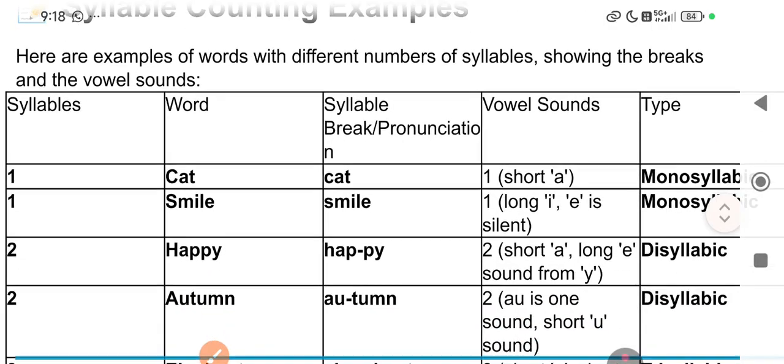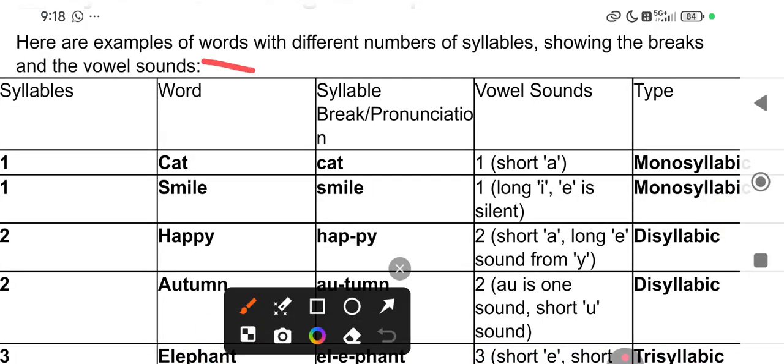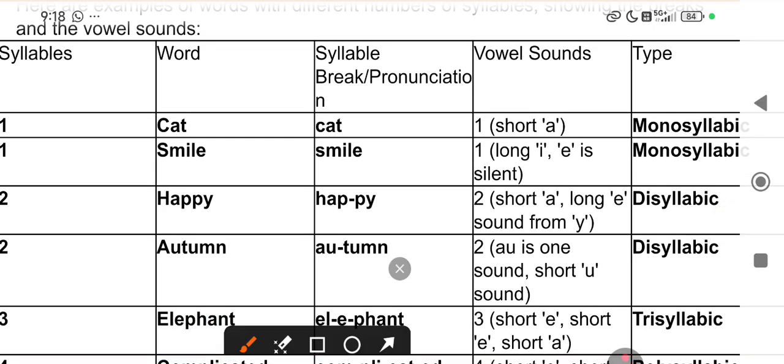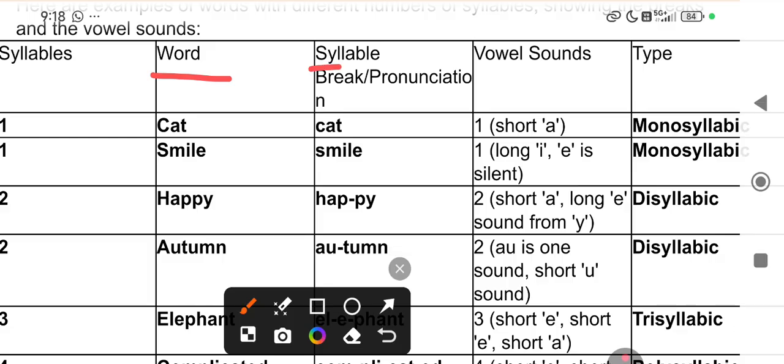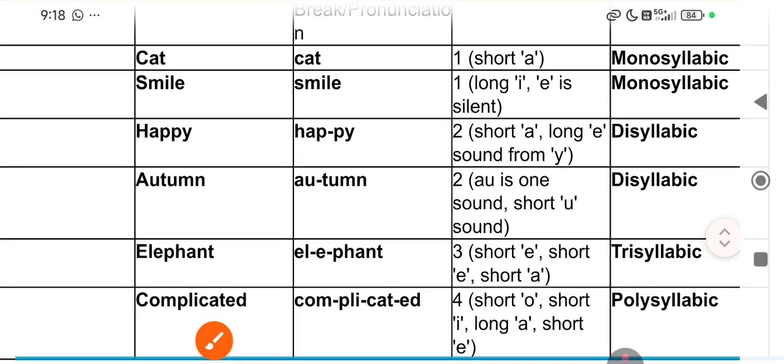Now, here are some examples of words with different numbers of syllables, showing the syllable breaks and the vowel sounds. The word is cat.